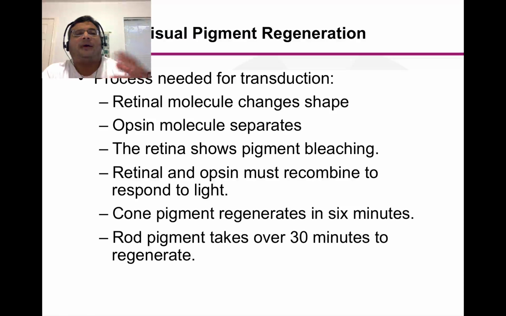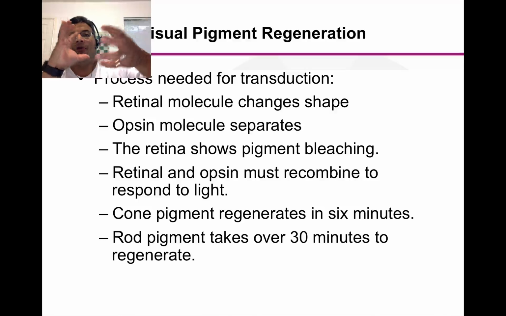There's a process by which the retinol and the opsin are recombined so that they can be sensitive to light again. After the pigment has hit a bit of light, changed its shape and broken away, it takes the cone pigments about 6 minutes to regenerate that molecule, to hook the molecules back up together. Rod pigments take over 30 minutes to regenerate. Remember, rods are specialized for the dark, so there's not as much light out there.